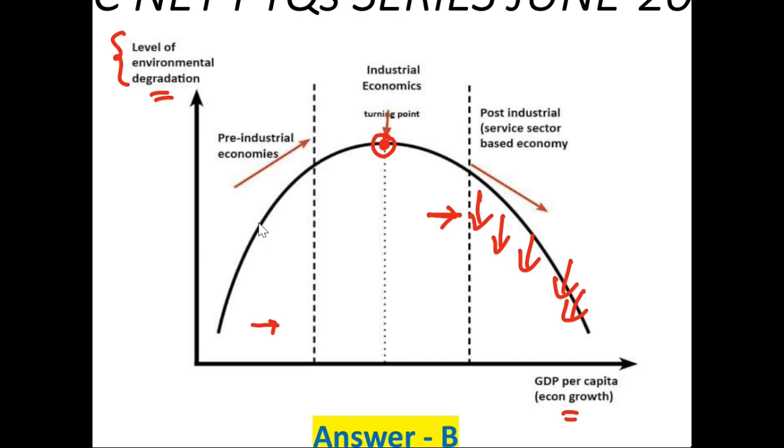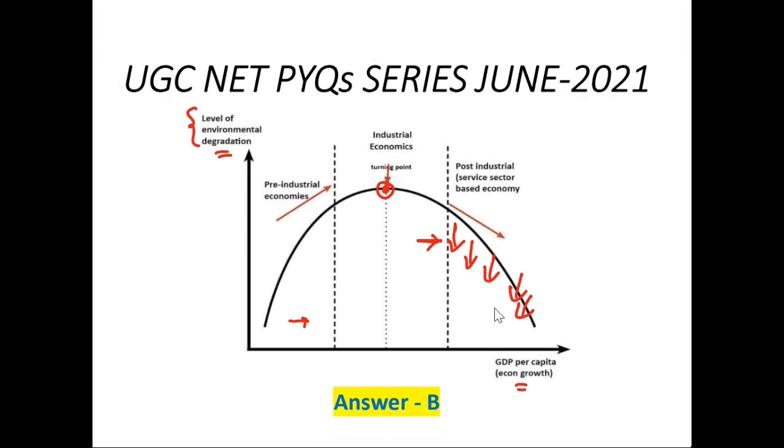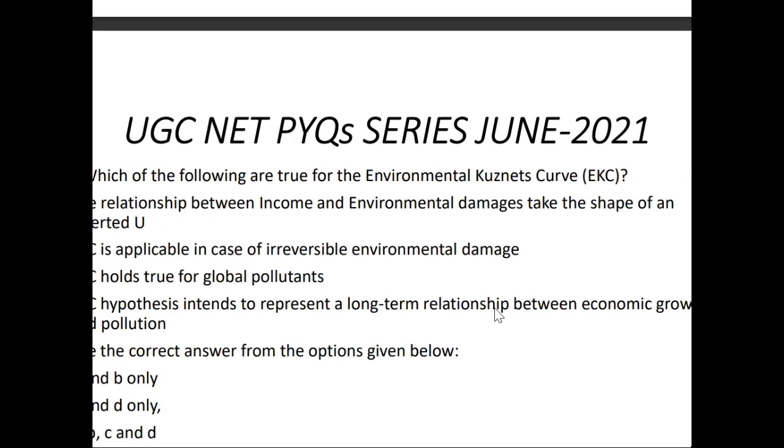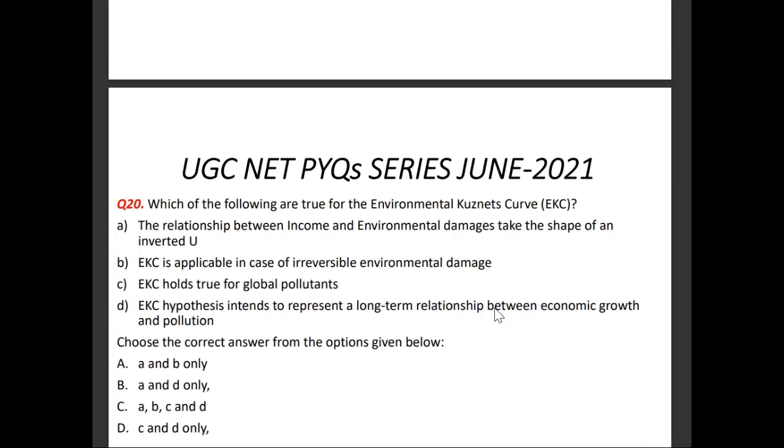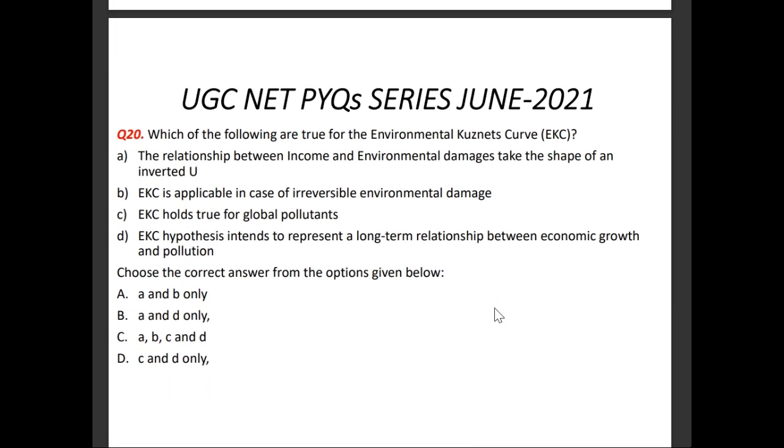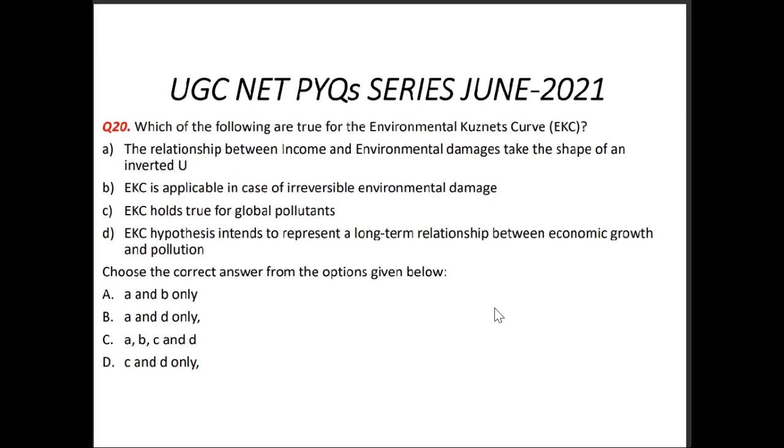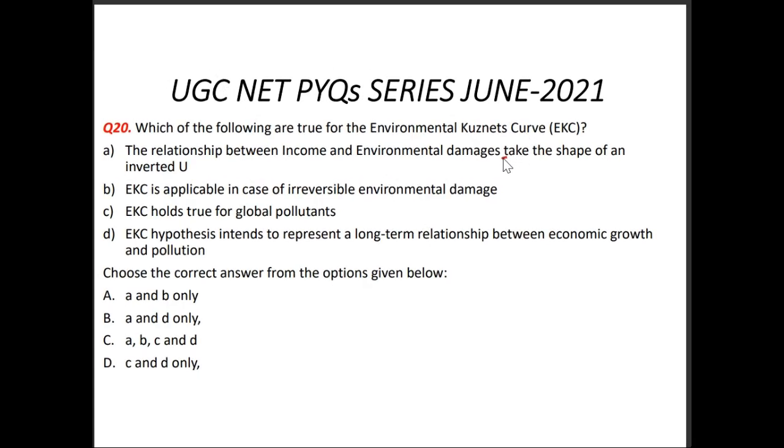So first there is a positive relationship, then a negative relationship. So it is like an inverted U shape. The question is which of the following are true for the environmental Kuznets curve? The relationship between income and environmental damages takes the shape of an inverted U.